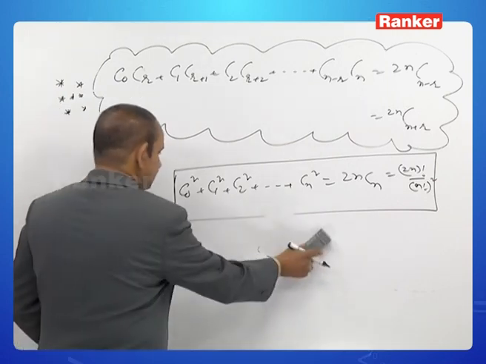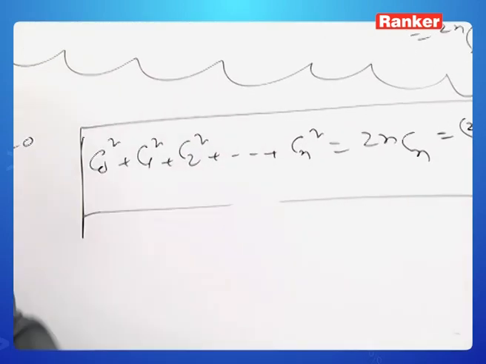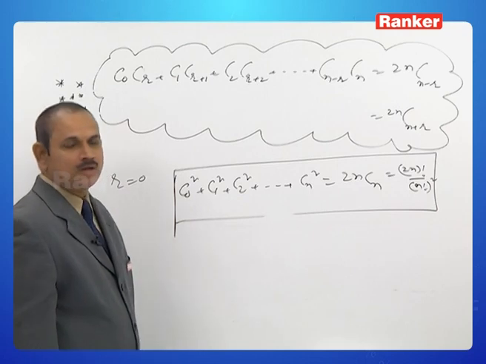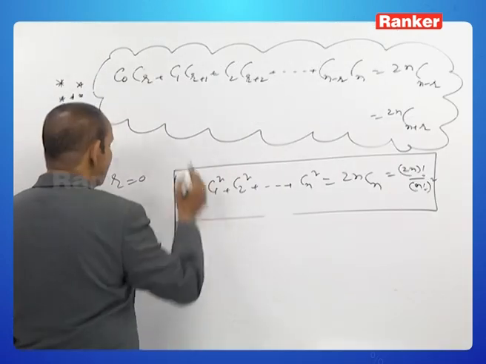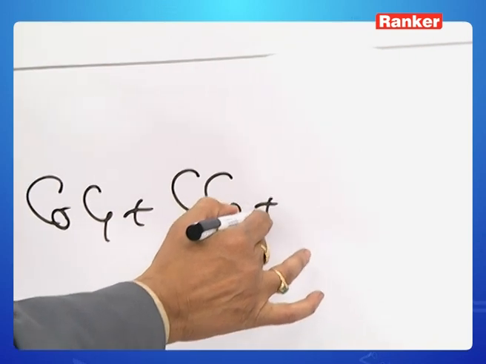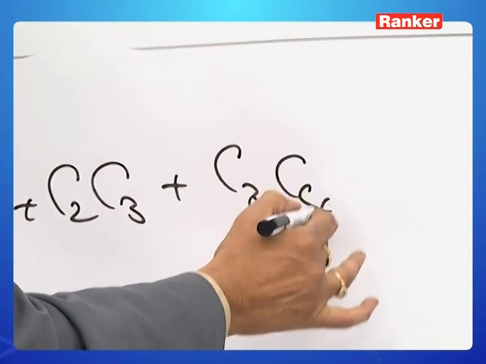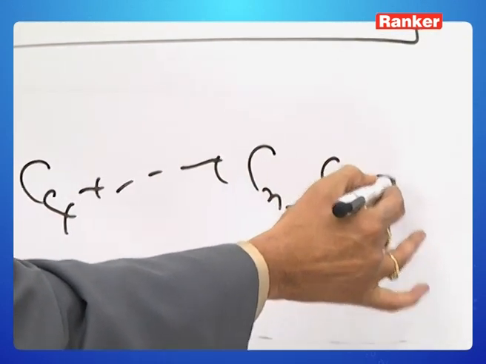Not only that, one more result is also there. What is that? See, we could have brought this into our observation by taking R is equal to 0. Now, my dear friend, you take R is equal to 1, what is going to happen? You observe. C0 C1, C1 C2, C2 C3, C3 C4 and so on, Cn minus 1 Cn.